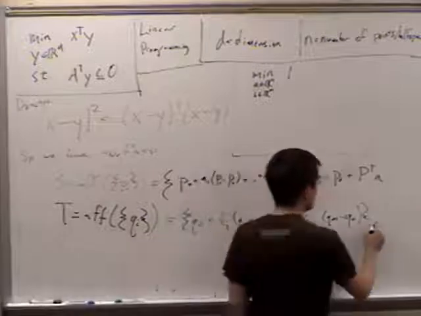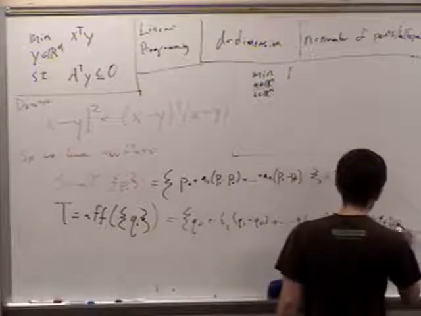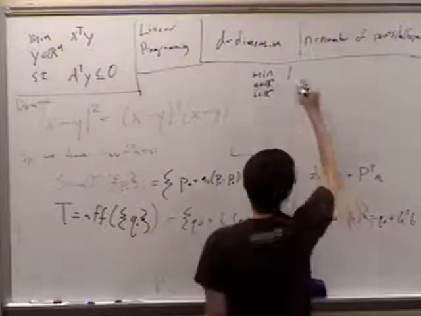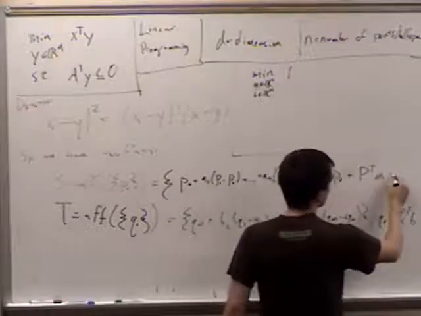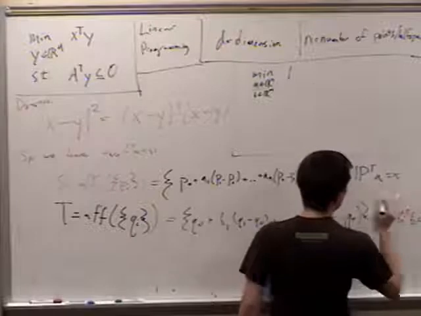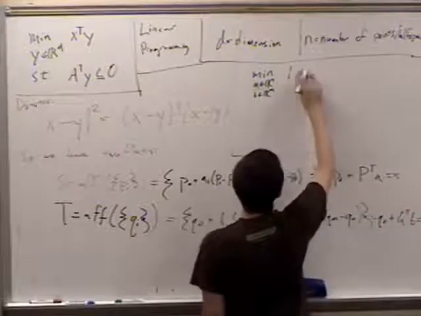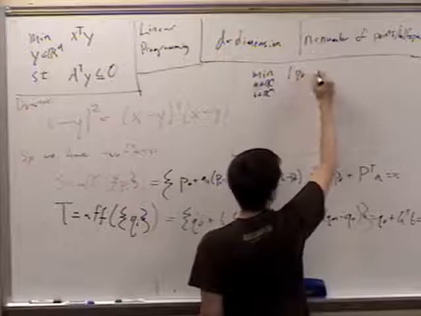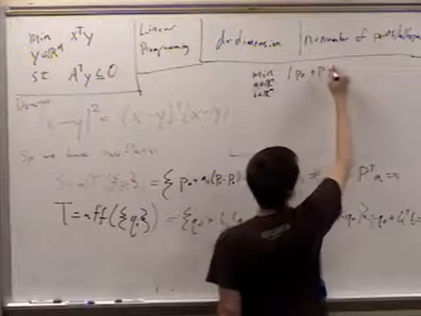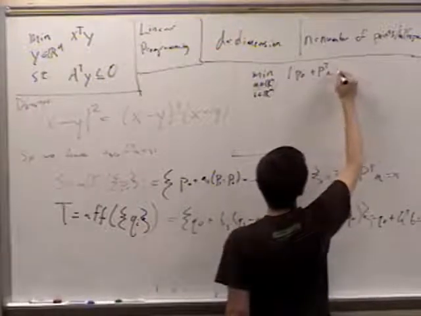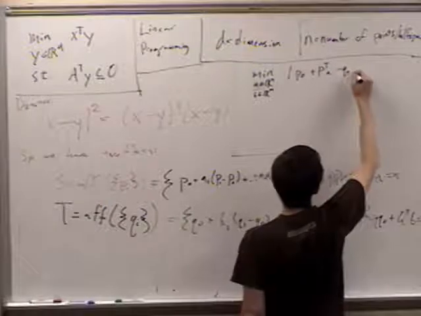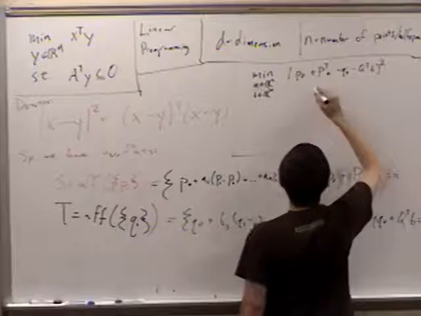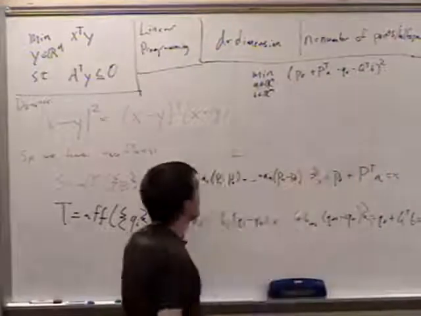And this will just be Q0 plus Q transpose B. So this will be our point X, and this will be our point Y. So this will be the min of P0 plus P transpose A minus Q0 minus Q transpose B, squared. That's what we would like to minimize.